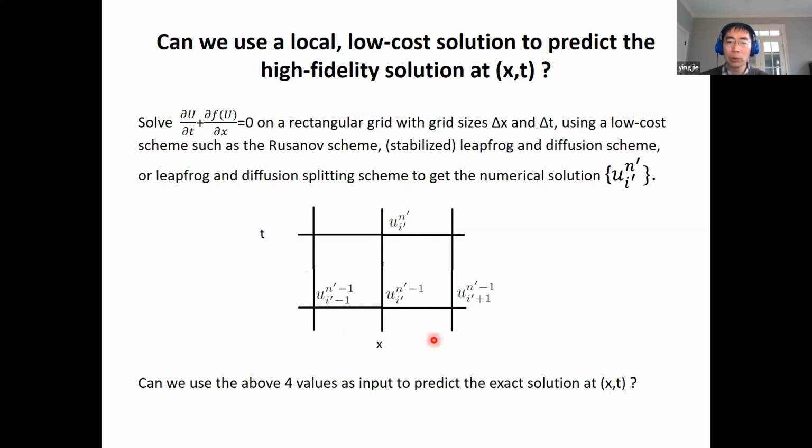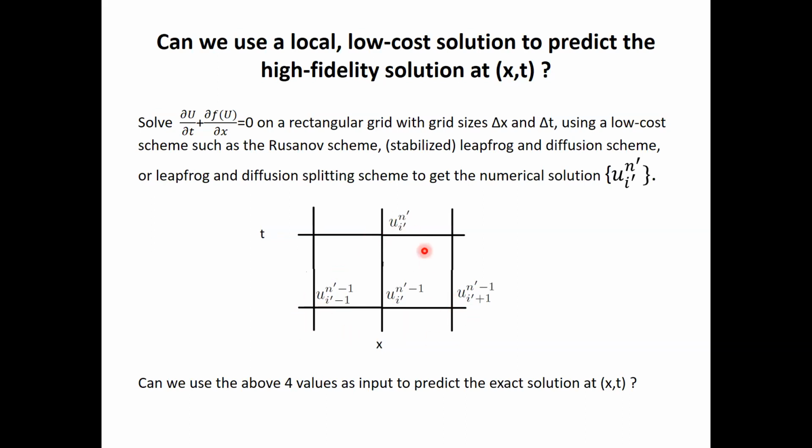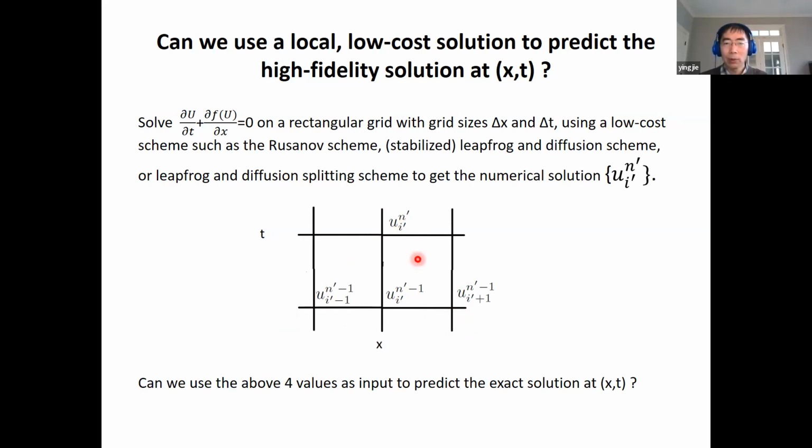So this forms a local space-time domain of dependence for determining the solution value at this point. So the question is, can we use a low-cost numerical solution at these four space-time locations, with the help of a neural network, to determine the high-fidelity solution at this single location?